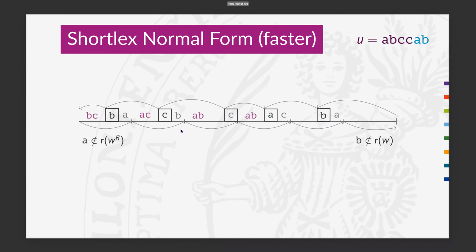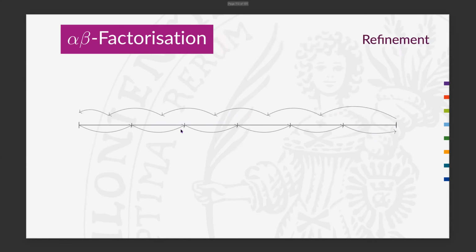The next question was, what about 2 nearly, 3 nearly, or for an arbitrary M? For this, based on work from Florin and his group, we had a look at their algorithm and found a characterization of their idea. This led to what we called the alpha beta factorization.